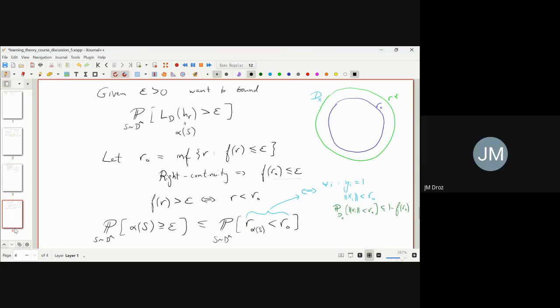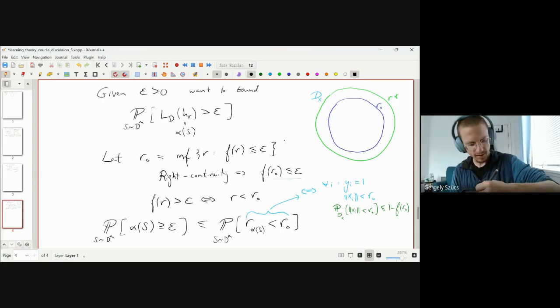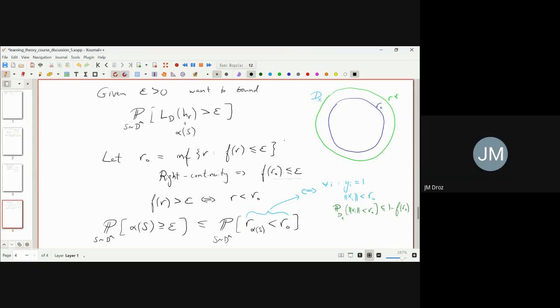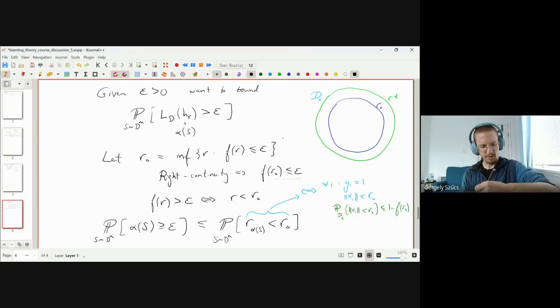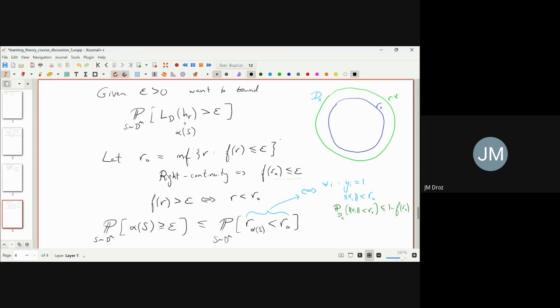It's probably a different language for the same idea as the right continuity. But basically, I used a closed interval to define R0, even though the interval we had to consider for the loss was half closed, like you said. Right. And so basically, I think I could prove that the mass in the interval... Yeah, I would need to look at what I wrote.